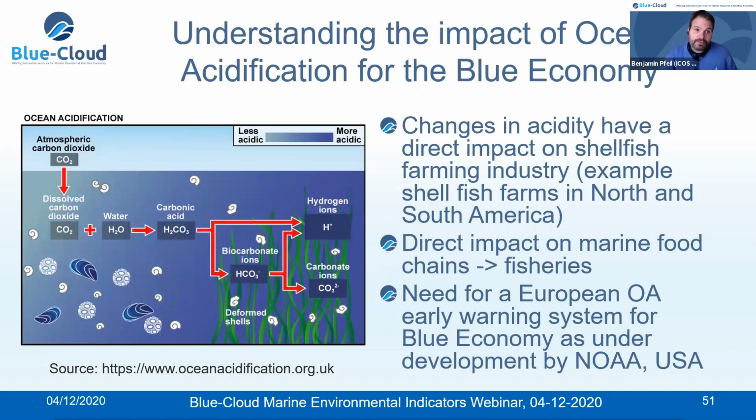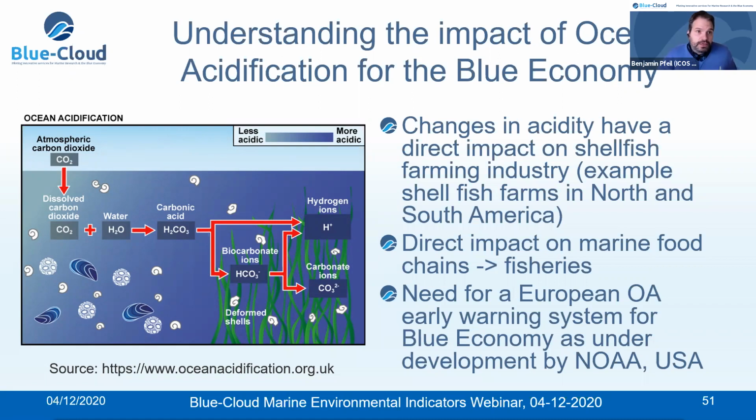But if the carbon dioxide is entering the ocean, it has a negative impact on shellfish. Basically, if carbon dioxide enters the ocean, there's a chemical reaction, and that results in changes in the pH level. And those changes actually have a negative impact for shellfish as a commercial product, but even more as a product being part of the food chain.